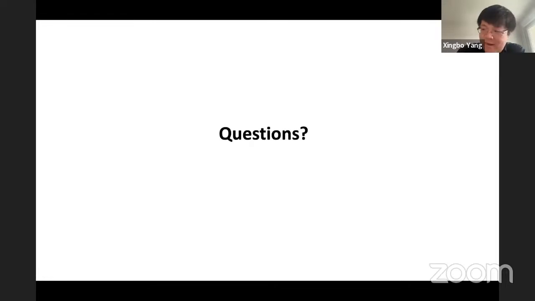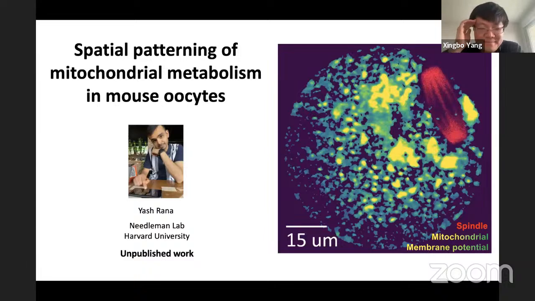Okay, since we have a lot of questions, I might even skip this part for now, because I want to give you a little bit of flavor of a case study utilizing the kind of techniques that we described. This is work from Yash, from the Needleman lab at Harvard University. And this is actually unpublished work. I'm presenting it here because I think this gives you a sense of the state of the art right now.